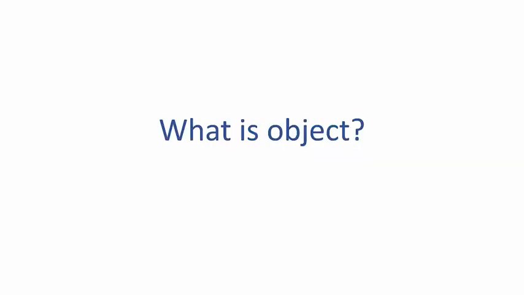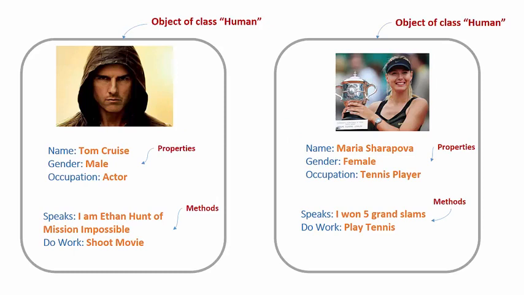Okay, what is an object then? An object is nothing but a specific instance of a class. For example, for human being, these two are specific instances of the human class: Tom Cruise and Maria Sharapova. They both are human beings, they both have names, gender, occupation, and they both do a common set of activities such as speaking and doing work.